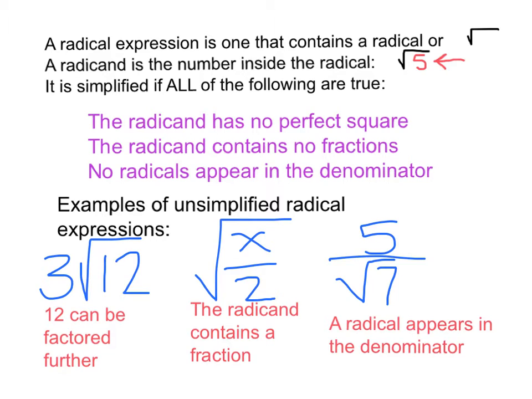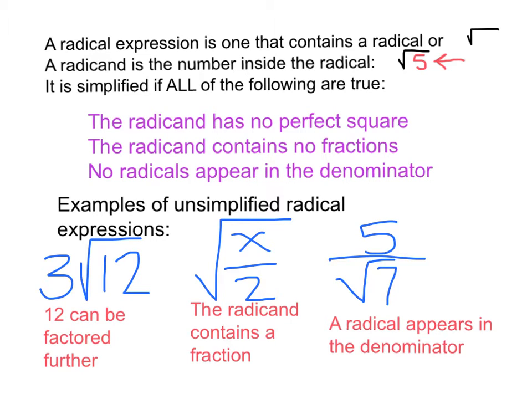A radical expression is one that contains a radical, or one of these. A radicand is the number inside the radical, in this instance the 5. A radical expression is simplified if all of the following are true: the radicand has no perfect square, the radicand contains no fractions, and no radicals appear in the denominator.